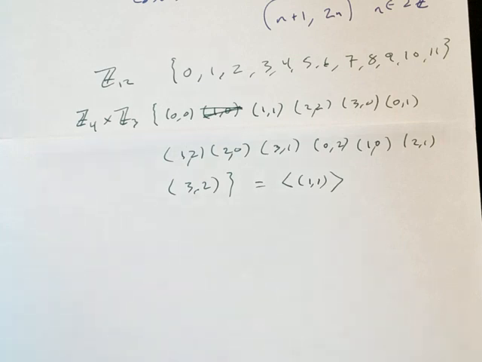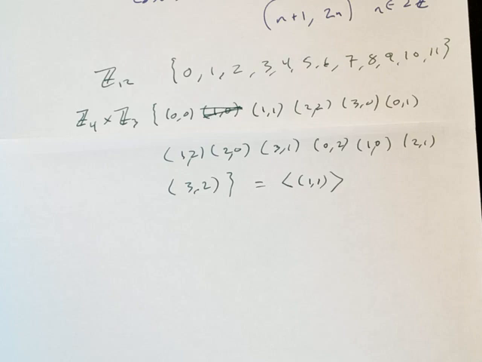More questions? I went from 30 to 2 and 3 and 5, right?